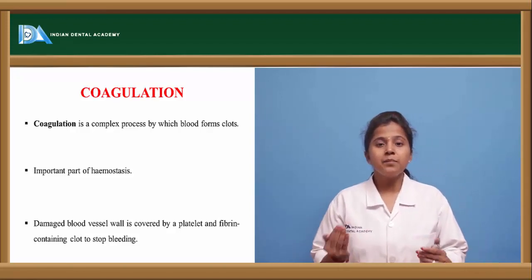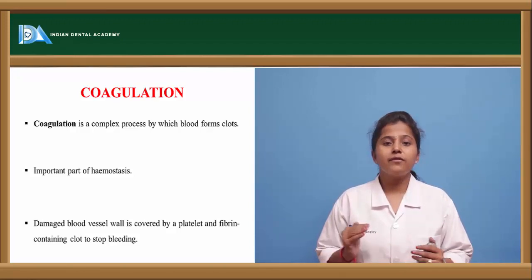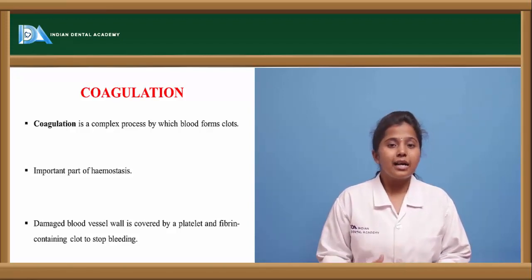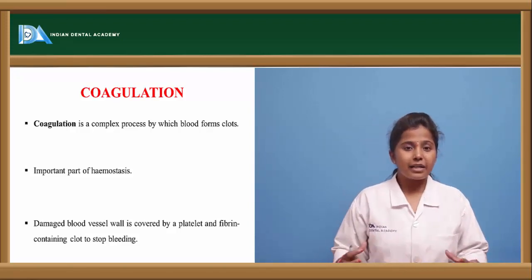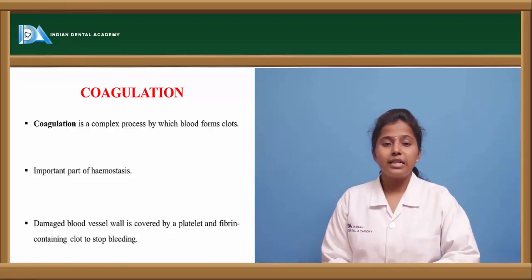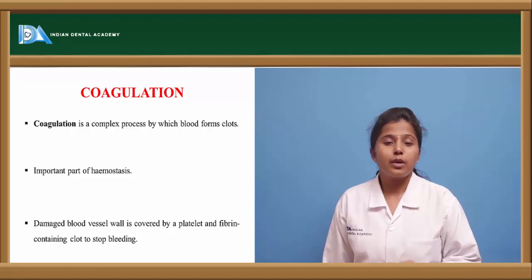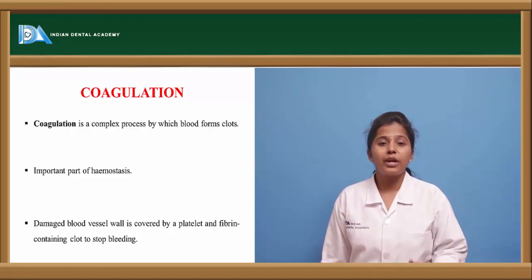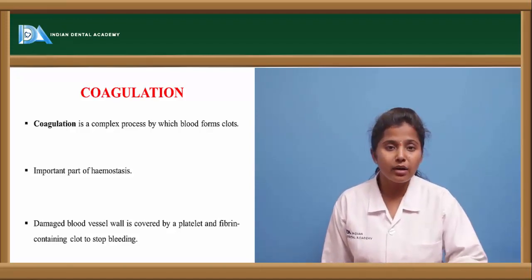It is made up of a combination of fibrin and platelet aggregating factors. These combine to form a net-like structure covering the wall of the damaged blood vessel, thereby preventing the loss of blood by forming a clot.